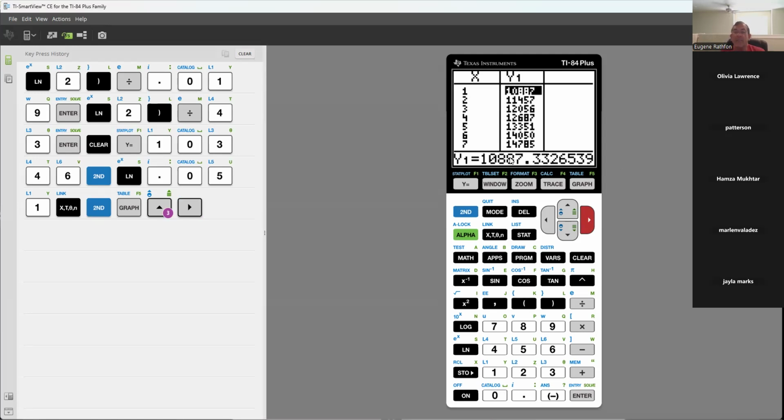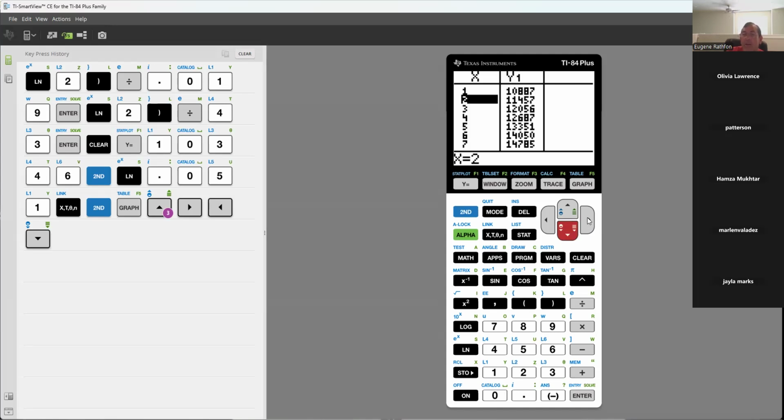Well, those are my decimals. So if I'm rounding two decimal places, this one would be 10,887.33. Okay? And then I would do that for, come over here to 2, when X is 2 or T is 2.